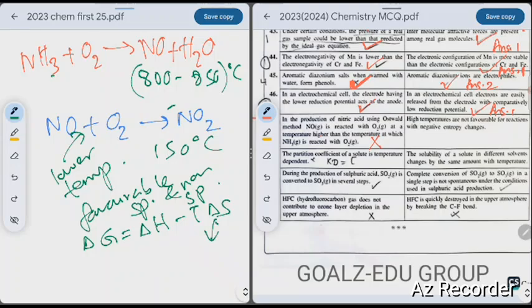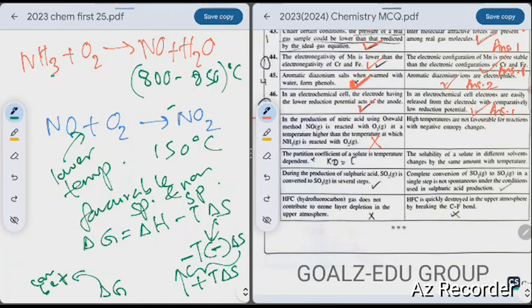Now, if the entropy change is negative, we have the minus T delta S term. Minus into minus, this term becomes plus T delta S. And when this plus term increases, delta G can be positive. Right?